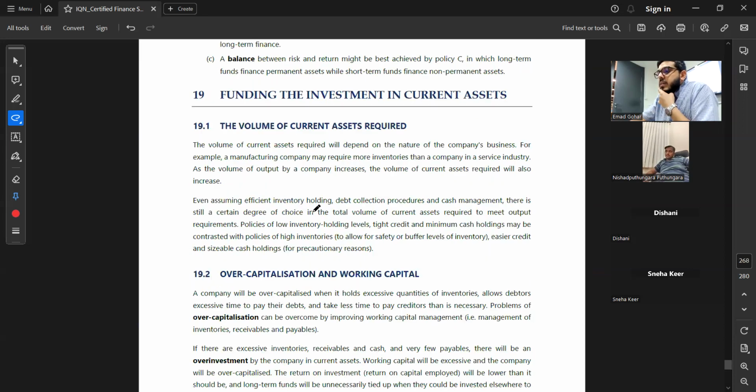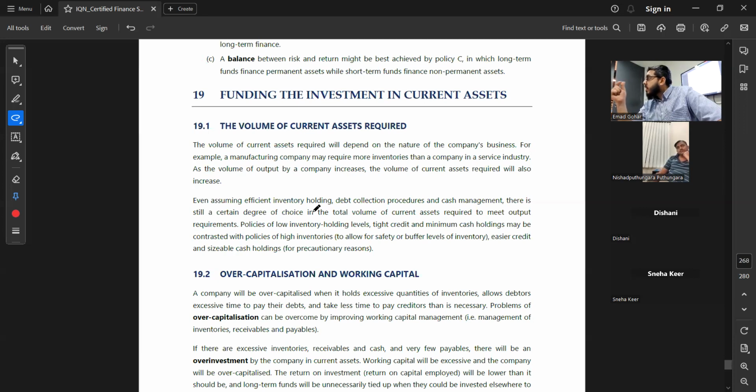So they are saying funding the investment in current assets, the volume of current assets. Okay. If you remember, we did a chapter called working capital management, module number 12. Right? So we discussed receivable. We discussed how much receivable we should have. We discussed cash, how much cash we should keep in hand or at bank.